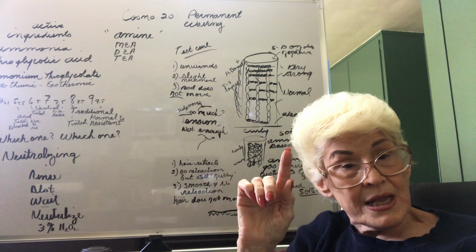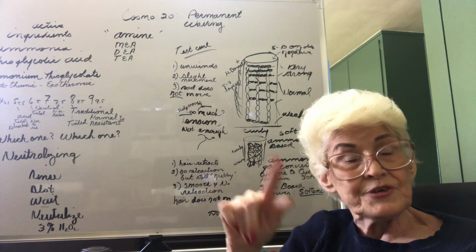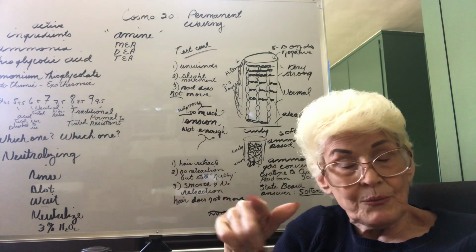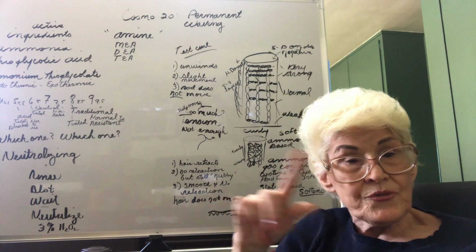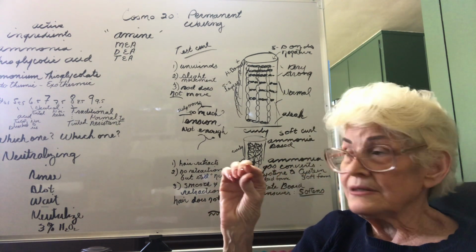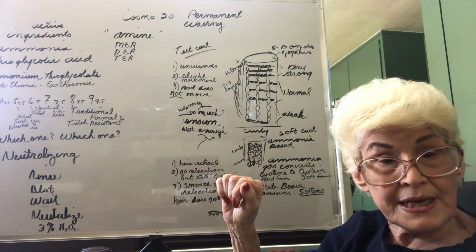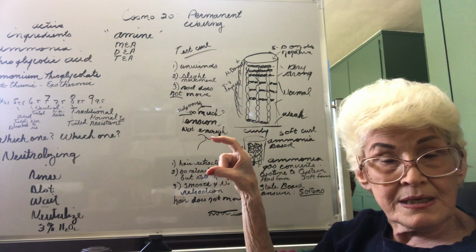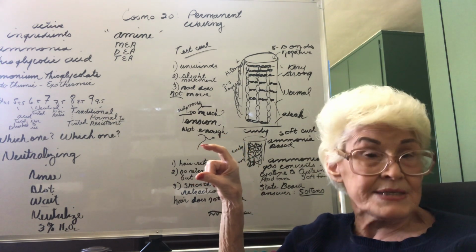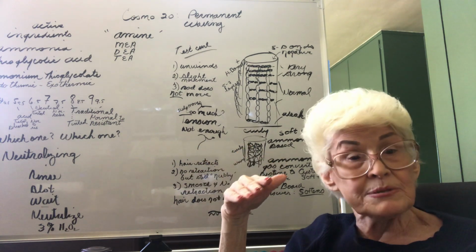There's no such thing as a self-timing perm. The instructions are written for normal hair, and it says wait 10, whatever it says. So the analogy, once again, is that steak. If I have fine hair, in other words, a steak that's only this thick, and then I have coarse hair, a steak this thick, there's no way that they can process or cook in the same amount of time and be equal. I have to be able to judge.